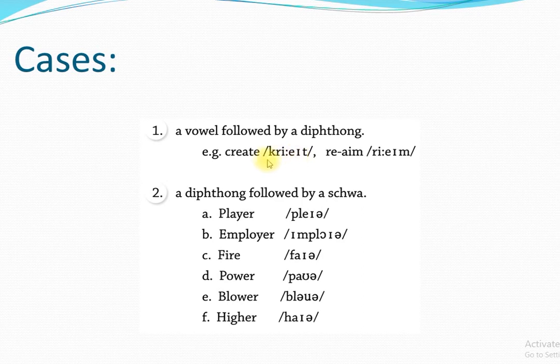Vowel and then diphthong. Create. You see? Create. Here you have 3 vowels without any interruption. Same thing here. Re-aim. E and then a diphthong after it. This is the first case.